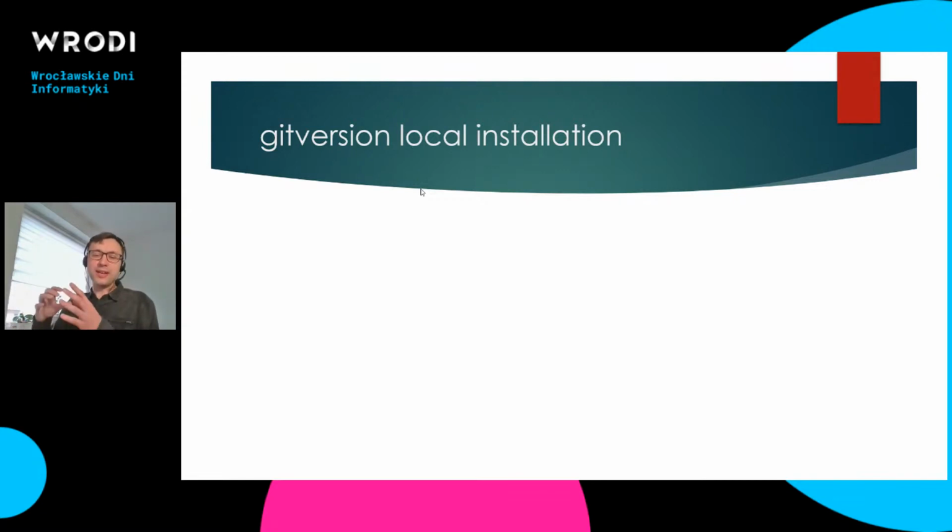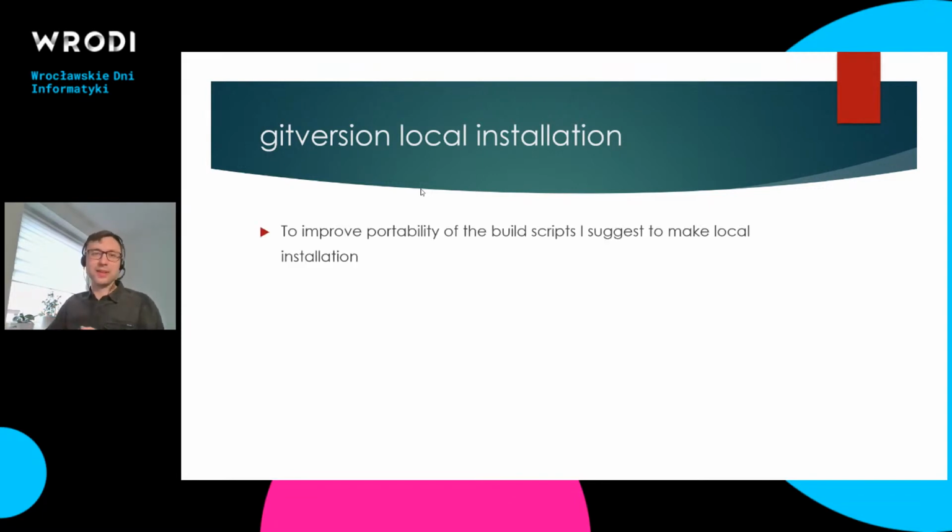So it will create a JSON file in your project with the list of tools that you have dependency on. So let's have a look. Yeah, this basically makes the installation much more portable. So you can create the tool manifest.